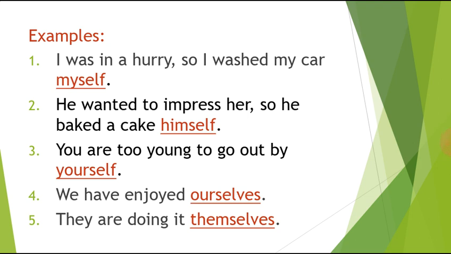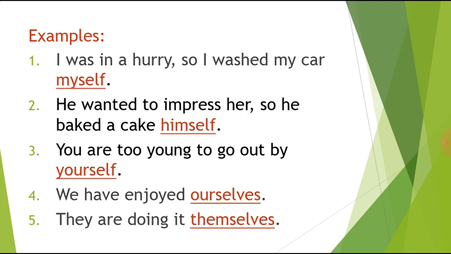Now second sentence is, he wanted to impress her, so he baked a cake himself. So himself is used for he. In the next sentence, you are too young to go out by yourself. So here yourself is used for you. Next sentence is, we have enjoyed ourselves.